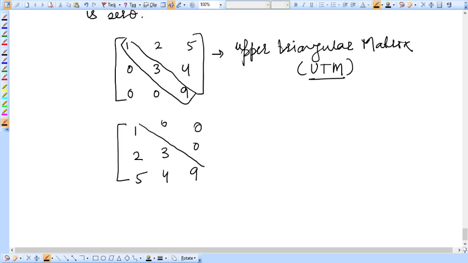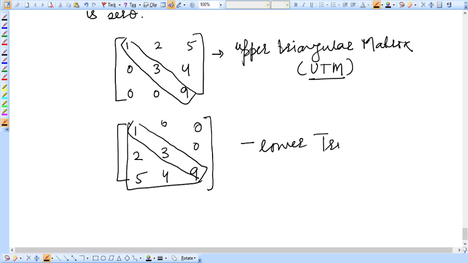Now this is the diagonal and all the elements above the diagonal are 0, and the triangle of non-zero numbers is here below. Okay, this matrix is lower triangular.